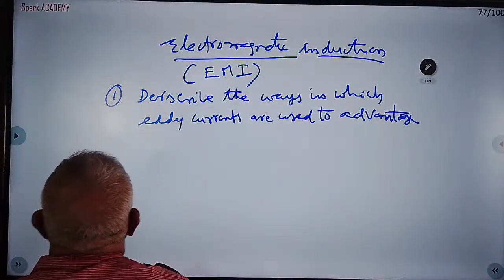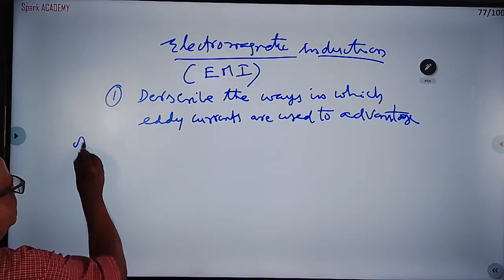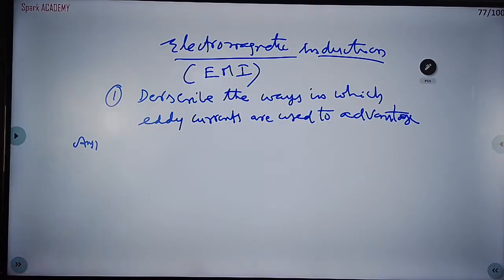So what are eddy currents? First we define what eddy currents are.